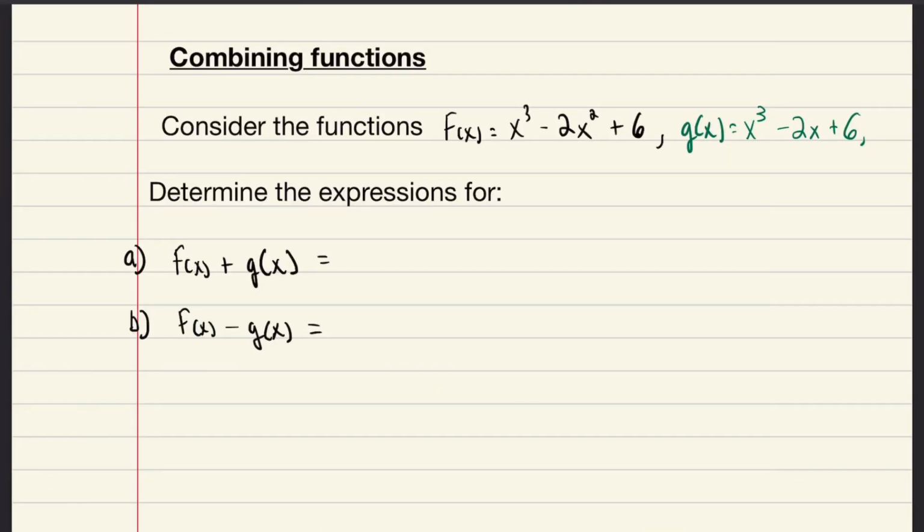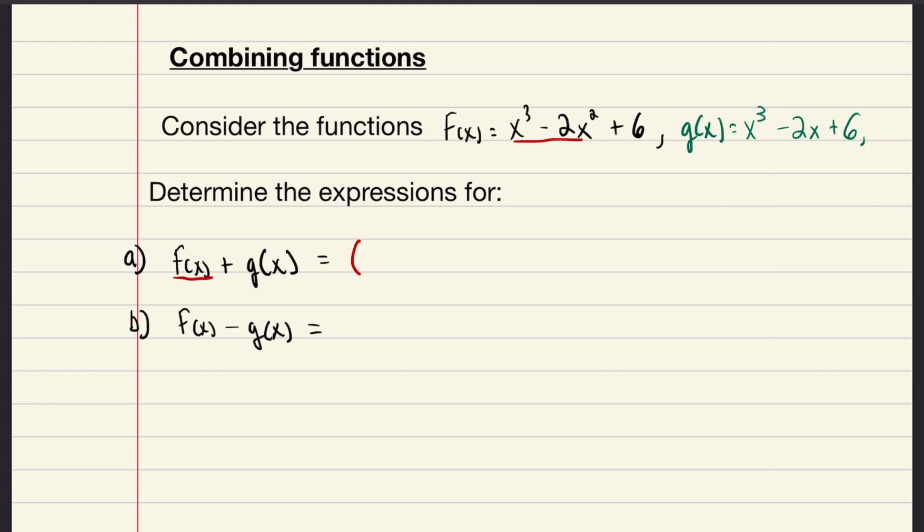So let's say we're asked to consider the following functions, where f at x is equal to x cubed minus 2x squared plus 6, and g at x, a separate function, is equal to x cubed minus 2x plus 6 as well. So in that case, what would f at x plus g at x be? Well, what we're going to do is put in giant brackets for f at x.